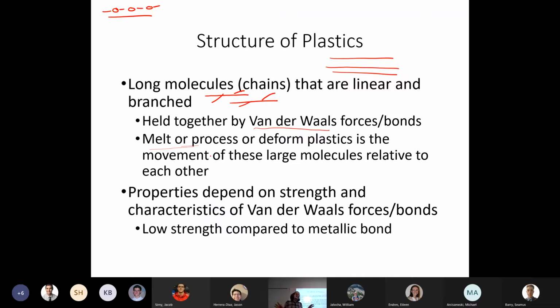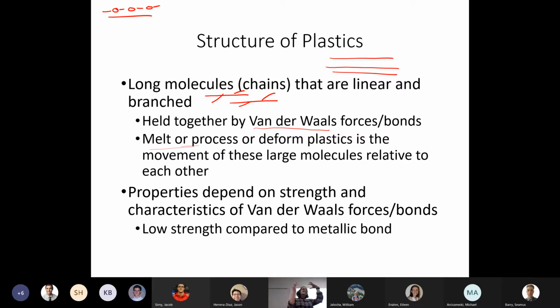Remember our polymer molecules, these could easily have thousands of atoms in the molecule. So when we think about how these flow, and we talk about the viscosity, this material does not flow like water or liquid metal will flow. It's a much slower process.